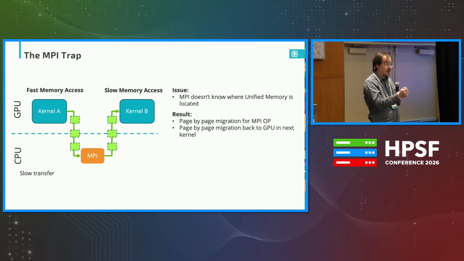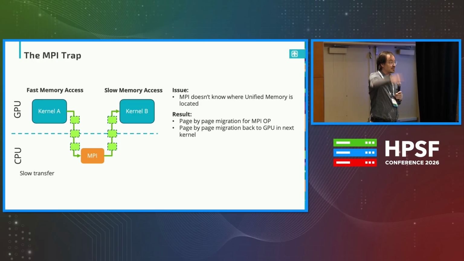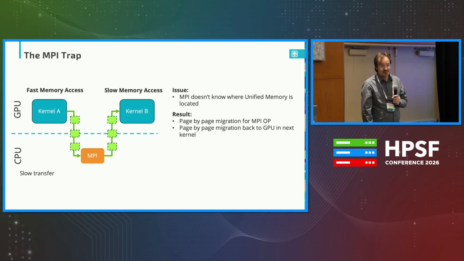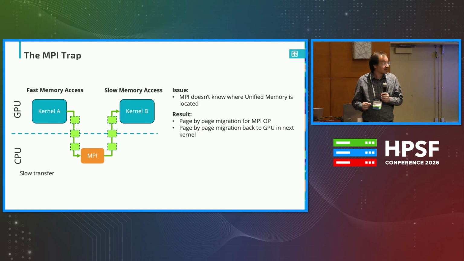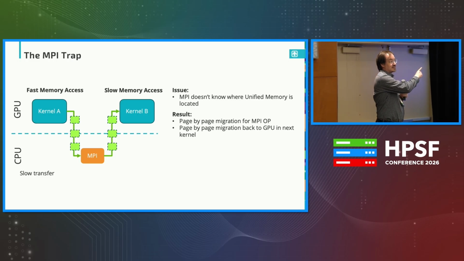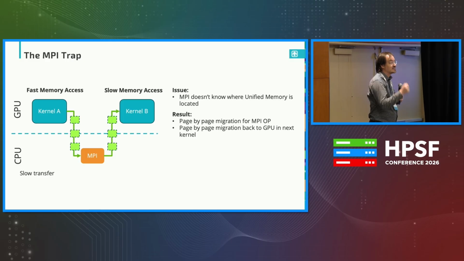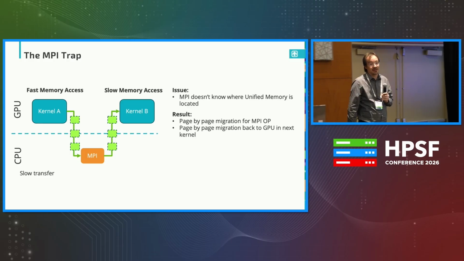But the worst thing about it is, yes, you pulled this down, but now the pages are on the CPU. Your next GPU kernel is pulling them all up again on a Grace Hopper at 7 gigabytes a second, right? And everything sucks. And the problem is, right, we just said the only way this doesn't hurt you is if you go through all of your memory 100 or 1,000 times before you do another MPI call. And that's not how our solvers or anything like that works.